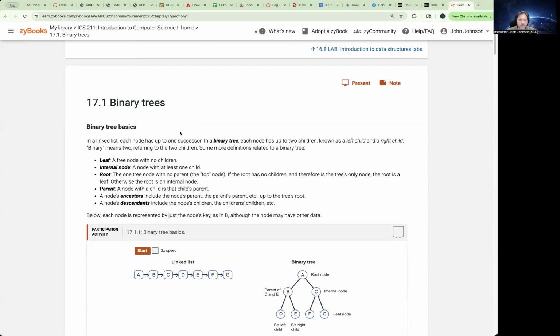There's a number of terminology that we need to learn here. The first one is leaf. A leaf is a tree that has no children, nothing on the left and nothing on the right under it. We have internal nodes, which are nodes that have at least one child. We have the root. The root is going to be the top node, all the way up at the top of everything.